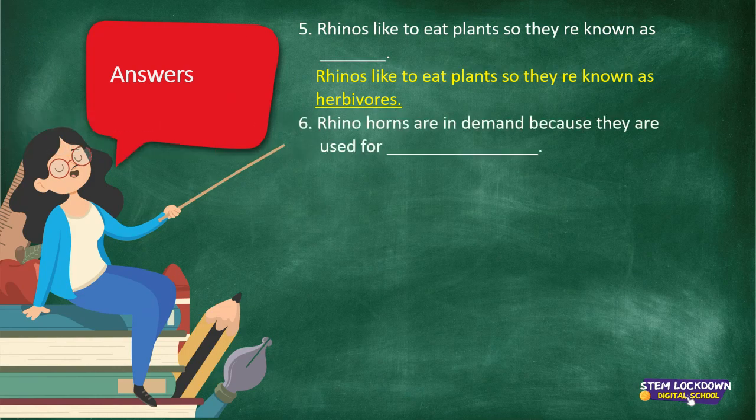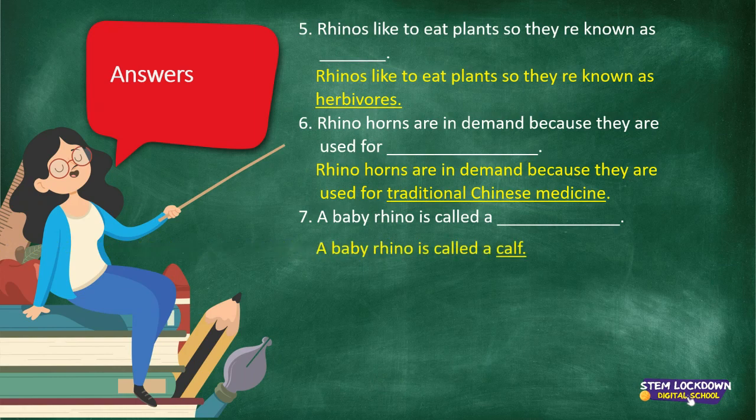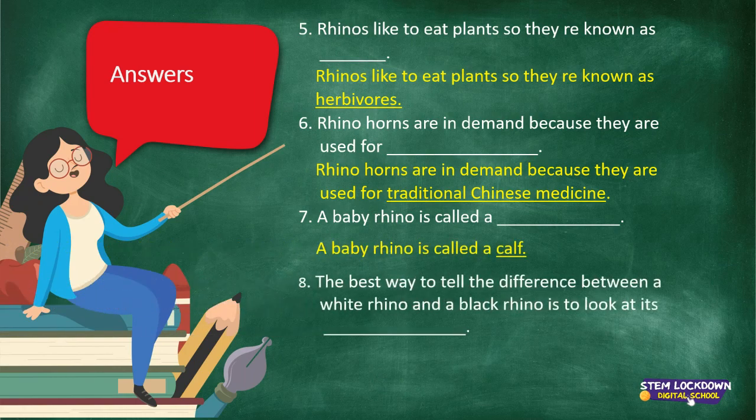Rhino horns are in demand because they are used for, what are they used for? They are used for traditional Chinese medicine. Number 7, a baby rhino is called a calf.